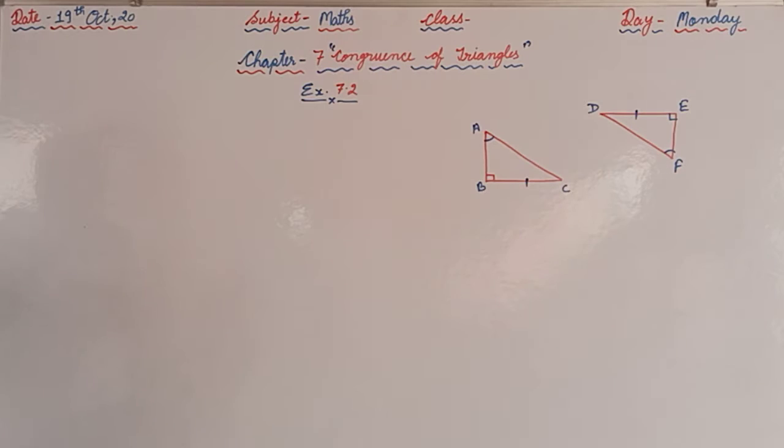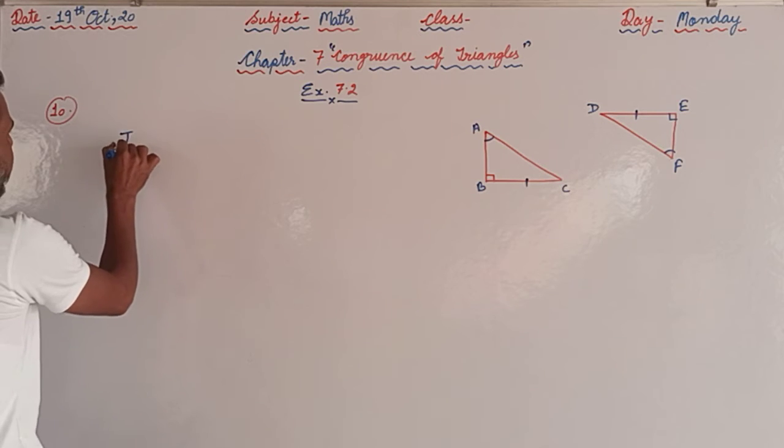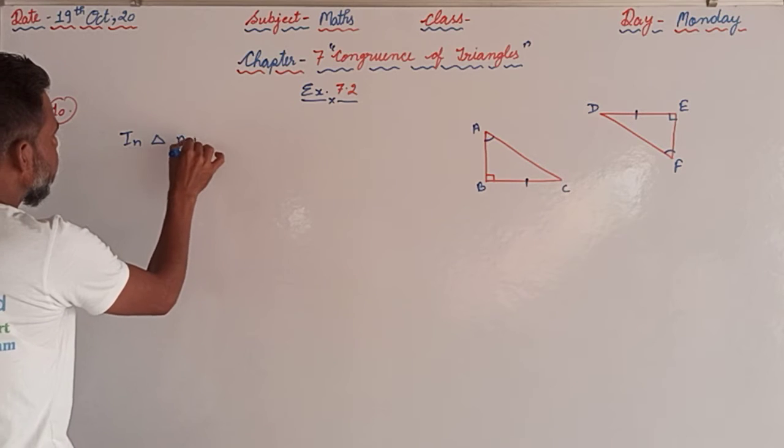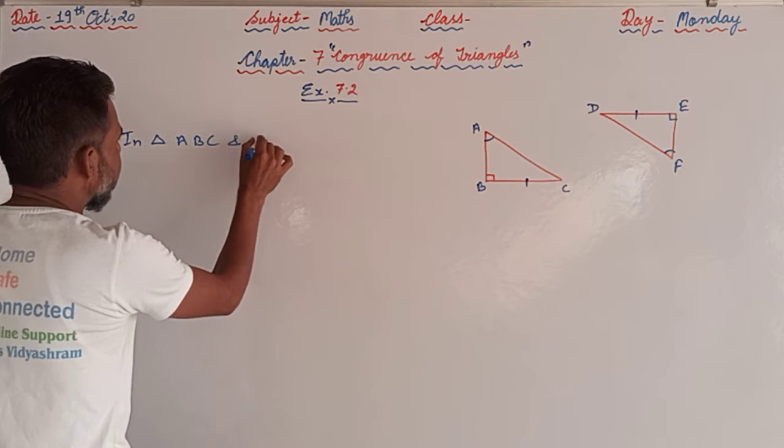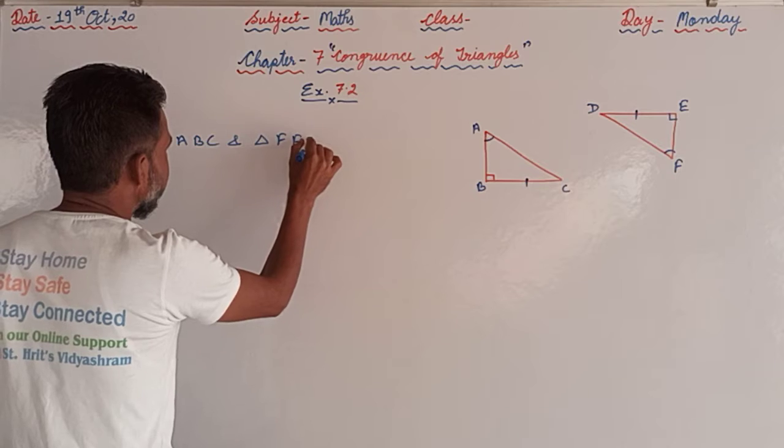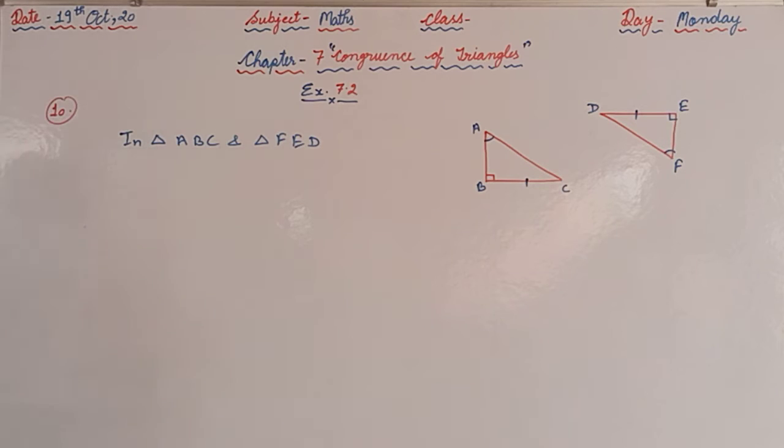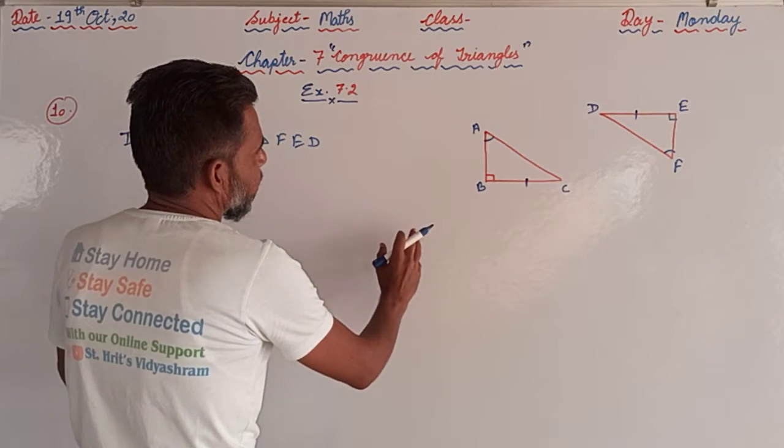So that is question number 10, and we are supposed to explain why triangle ABC is congruent to triangle FED. So we are supposed to compare triangle ABC and triangle FED.